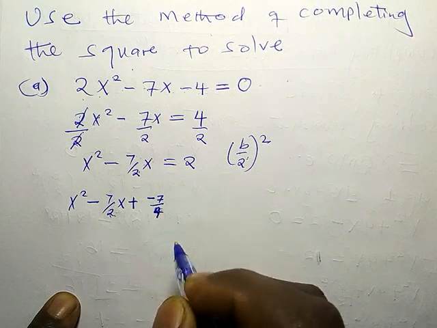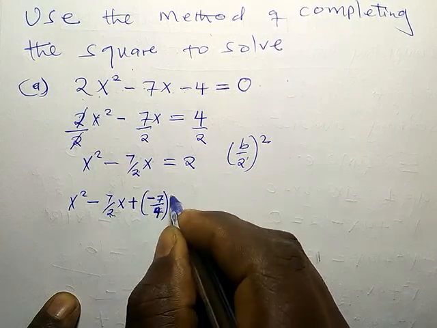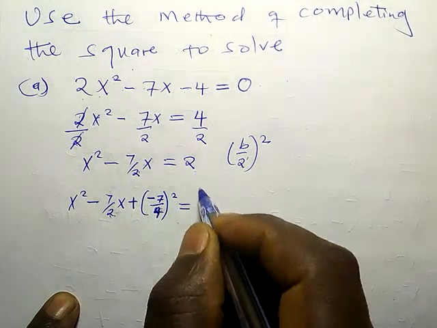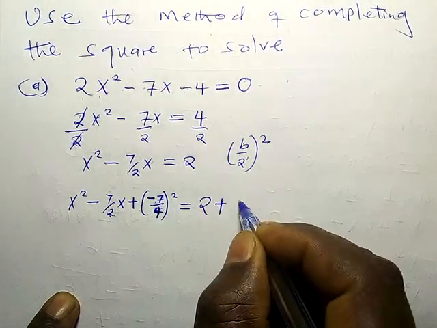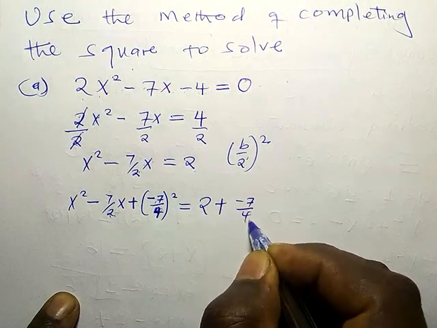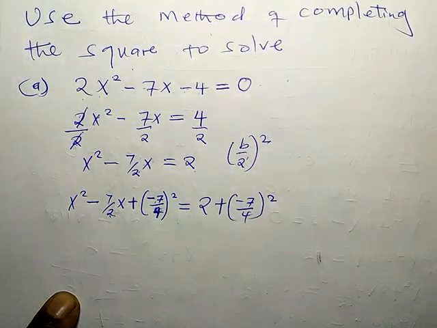Please note that. Then squared, equal to 2 plus the same negative 7 over 4 squared.